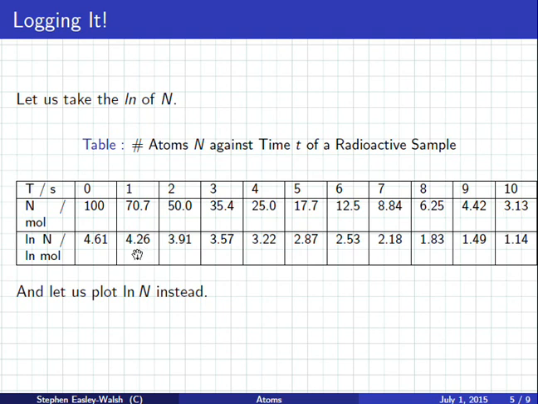So add to your table this extra row. Notice that the units for log N are log mole.